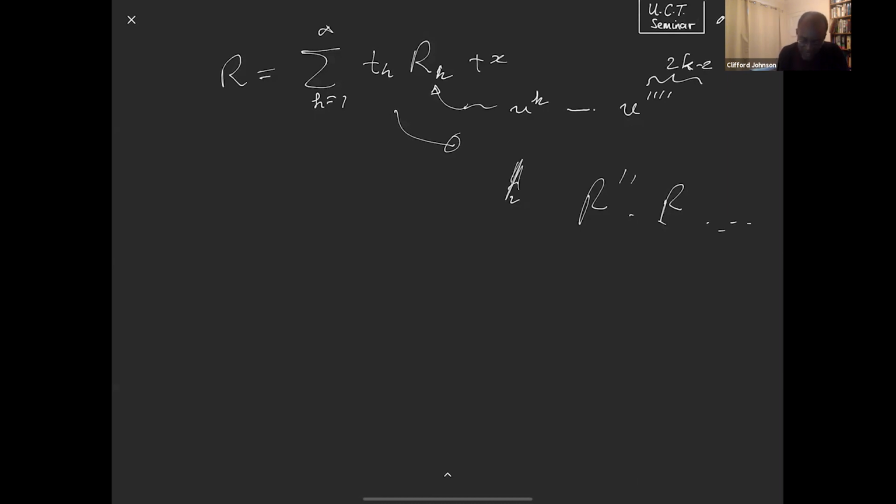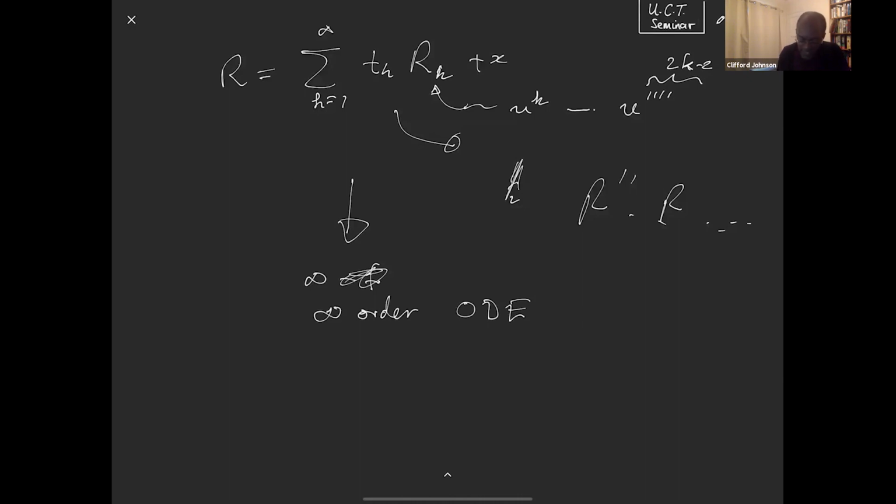And so it looks like in order to really solve this, I've just done a formal exercise. I have an infinite order ODE to solve, which in principle doesn't really get me anywhere.